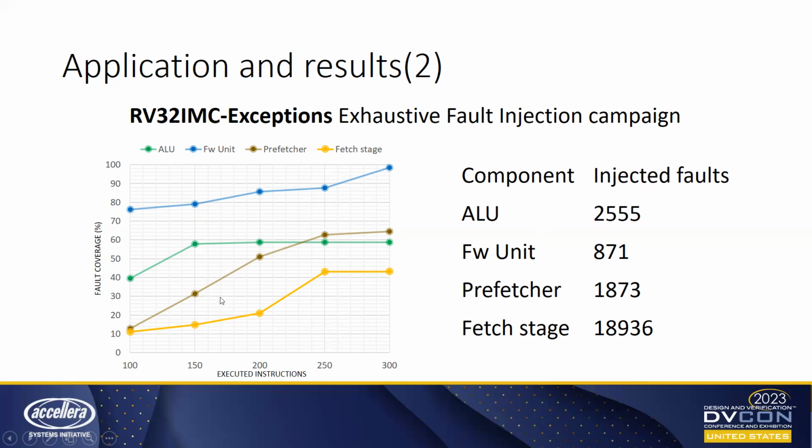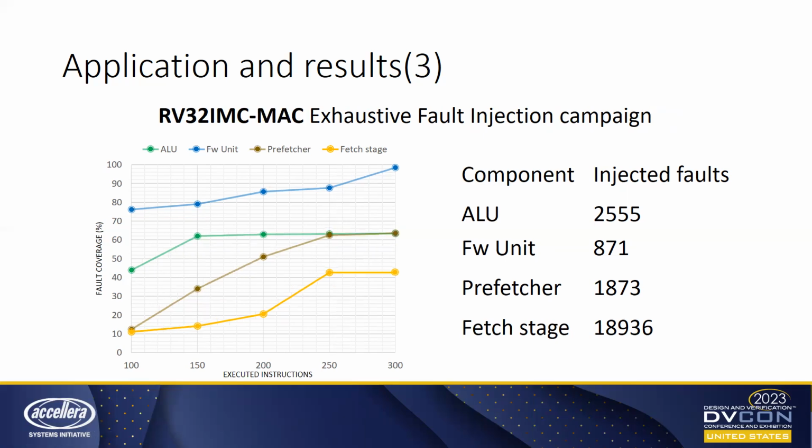And then we applied the fault injection again to RV32 IMC MAC. Similarly, we got again similar results as previously, only with a very slight increase of 1 to 2% of fault coverage.